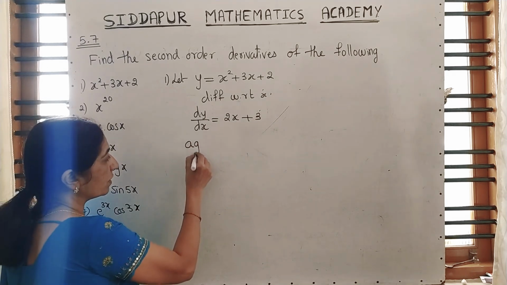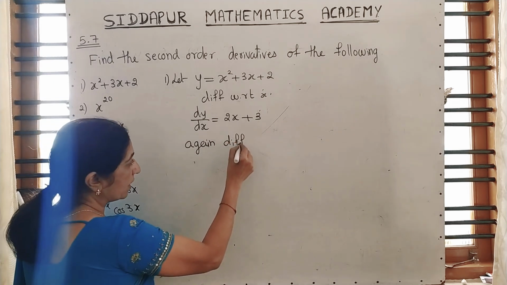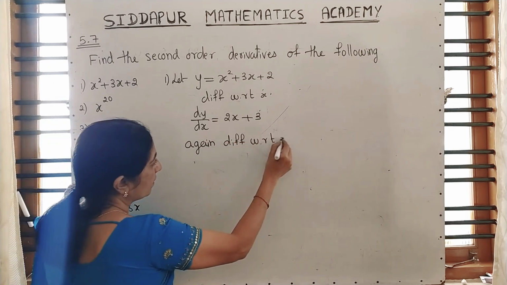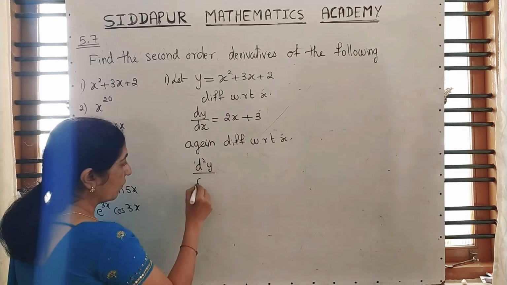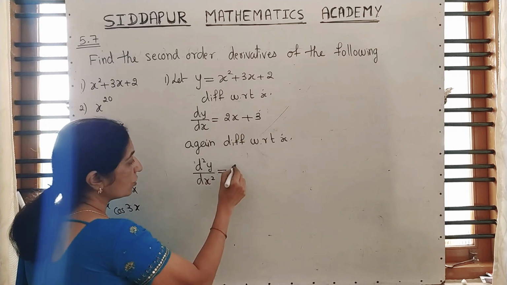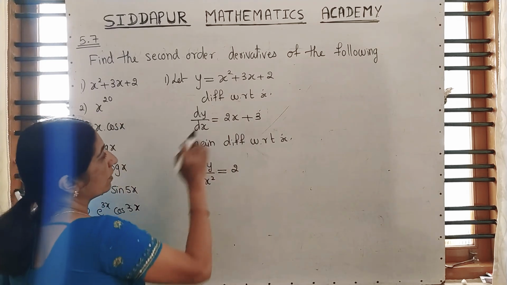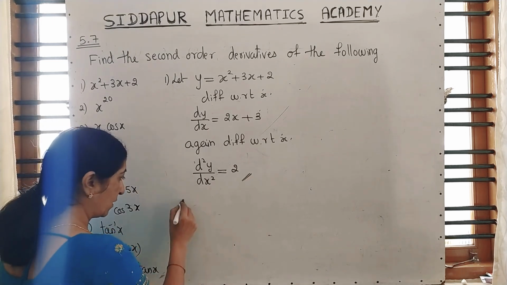So differentiate this answer once again. Again differentiating with respect to x, this will be written as d square y upon dx square is equal to differentiation of 2x is 2. Differentiation of 3 will be 0. So this is the final answer.